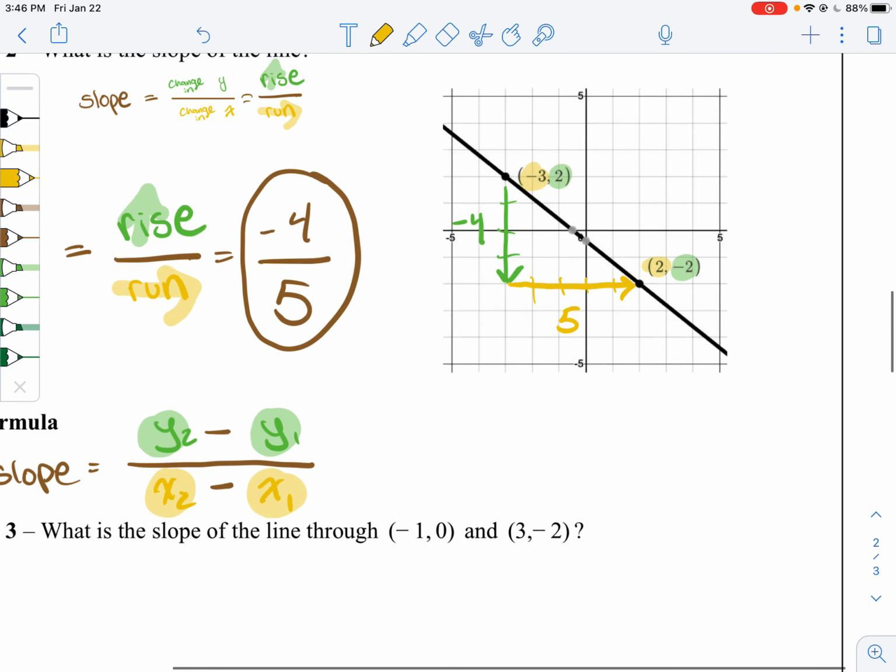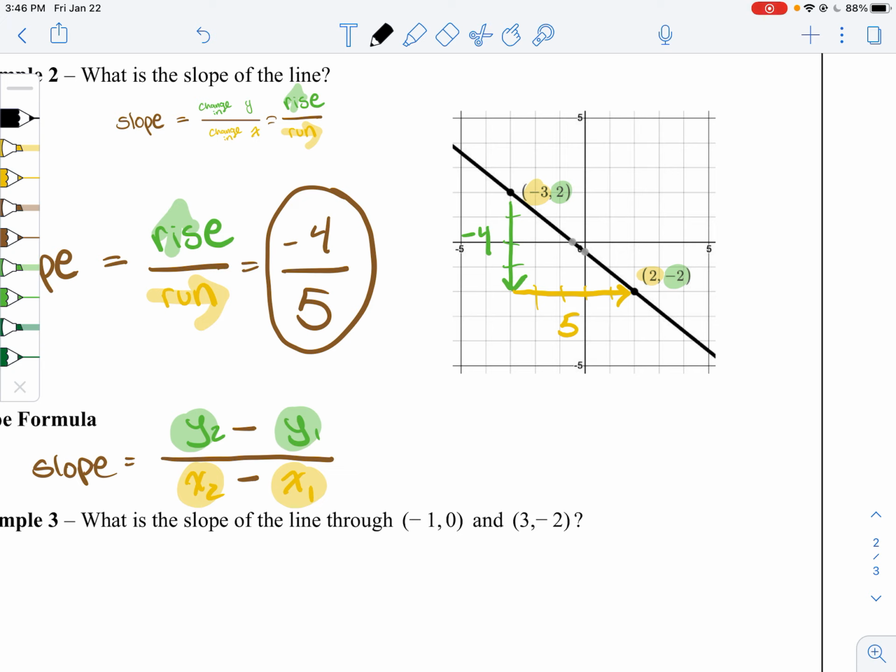To show you how this works, I'm going to plug them in. First, we need to assign, hey, this is point 1, this is point 2, so we keep our heads on straight. In this example, y2 is the y belonging to our second point, so that is -2. And the y belonging to our first point is 2.